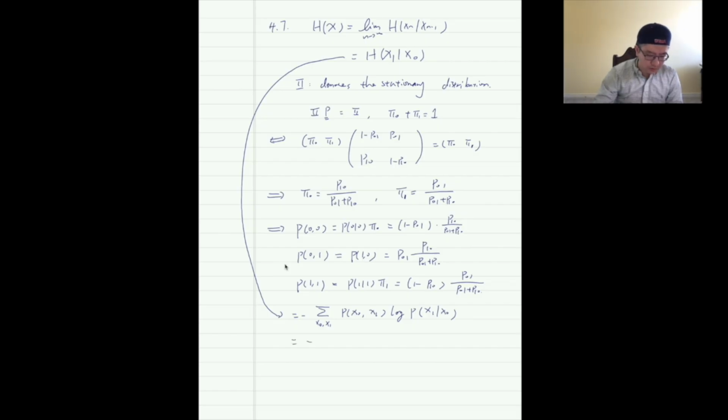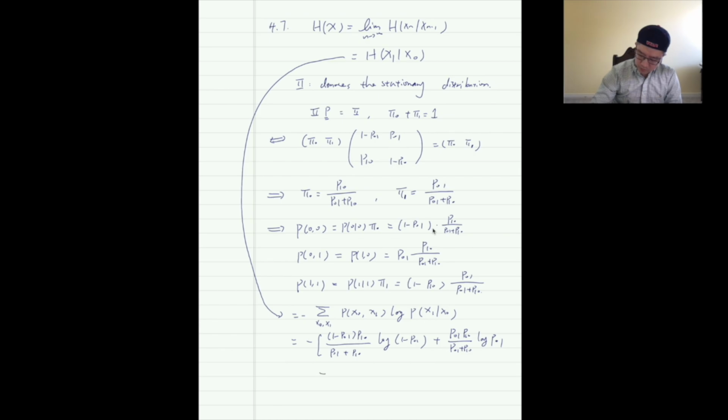So the first term is basically this guy: 1 minus p01 times p10 over p01 plus p10, times log of 1 minus p01. That's the first term. And the second and third terms we just add one by one. It's p01 times p10 over this, times log p01.